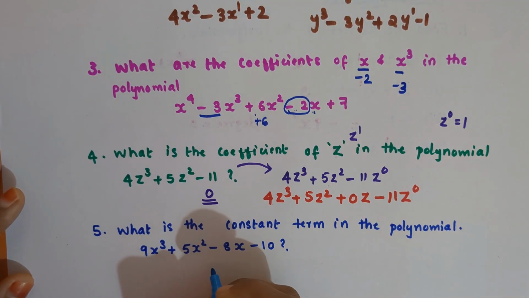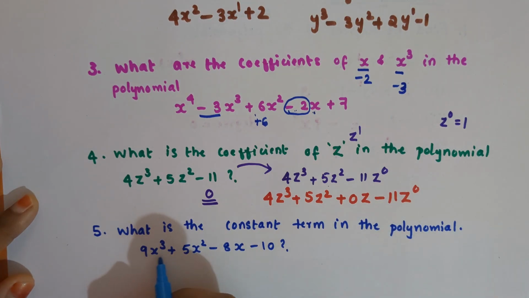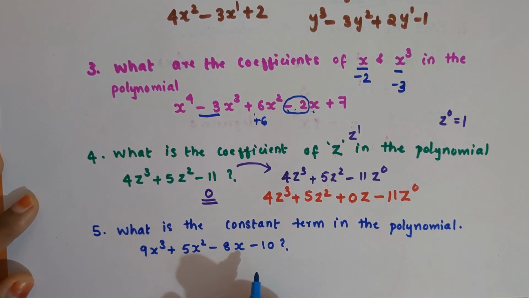Now the last question of this exercise set. What is the constant term in the polynomial 9x cube plus 5x square minus 8x minus 10? Here you see, this is a polynomial and we want to write the constant term. We know that the constant term is the term that does not involve any variable. In this case, this term has a variable x here, this term has a variable x here, this term also has a variable x here.